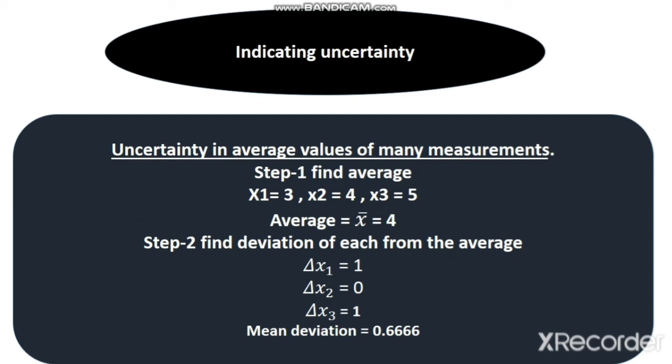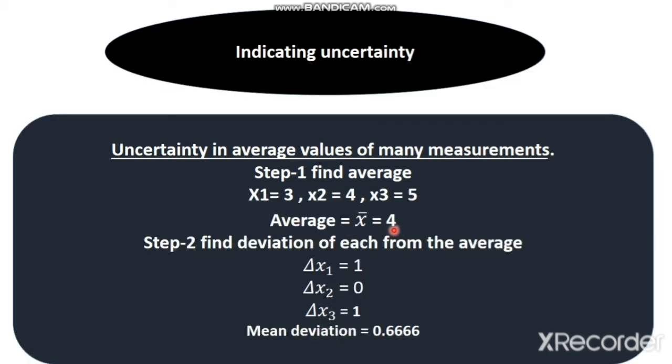In case of average, we calculate the mean deviation of the individual deviations. For example, we have three values x1, x2 and x3. Say x is the distance. First we will calculate the average by adding these three quantities and then dividing by their number. So 3 plus 4 plus 5 divided by their number, that is 3, it comes to be 3 plus 4 is 7, plus 5 is 12, divided by 3, it is 4.